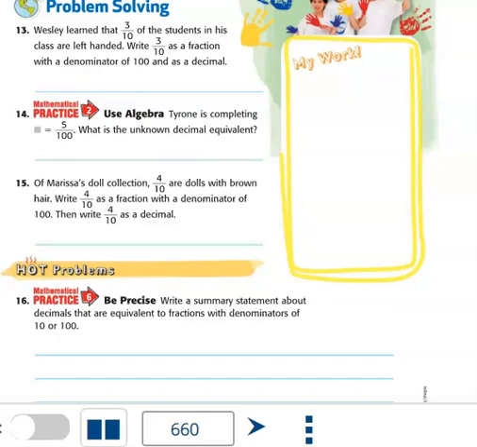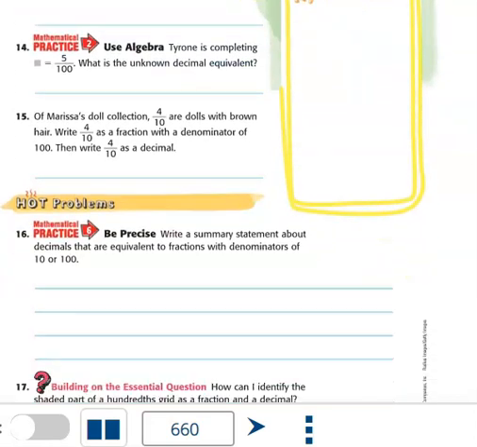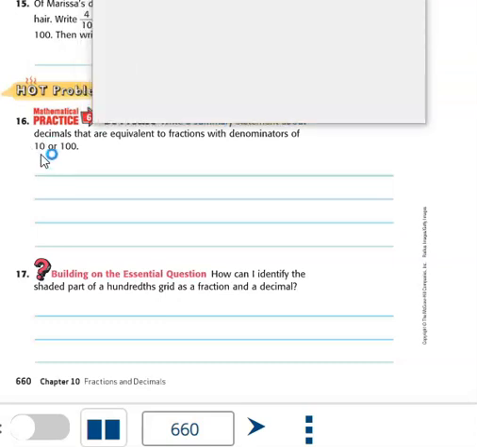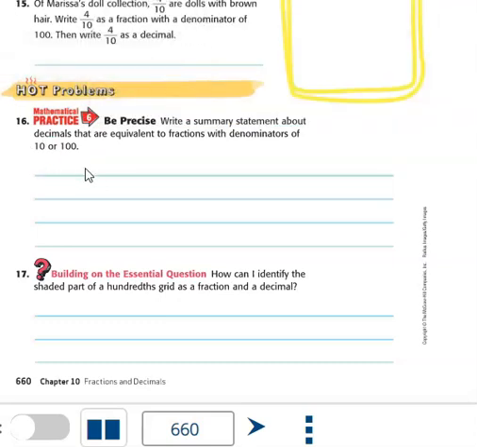Okay. Number 16, write a summary statement about decimals that are equivalent to fractions with denominators of 10 or 100. Basically what it's asking you here is, since 100 is 10 times greater than 10, if we have a fraction with 10 as the denominator, we can make it into one that's hundredths.